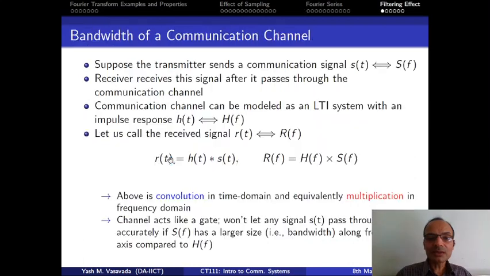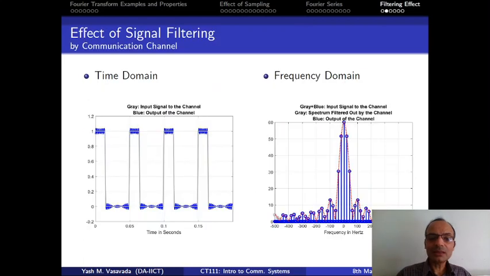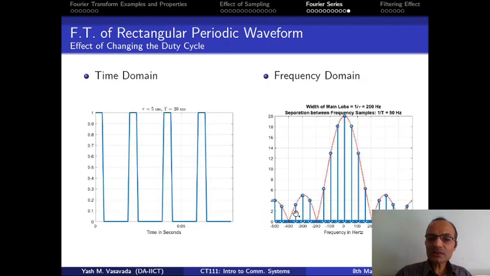It's a periodic signal, and it is that signal which I am passing through a communication channel. This gray colored rectangular signal is the input to the channel, and therefore the Fourier transform of the input is the same as what is shown here.